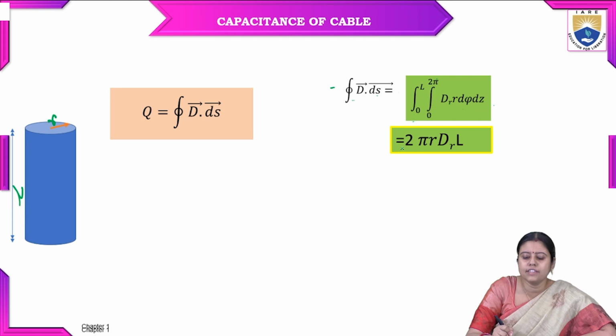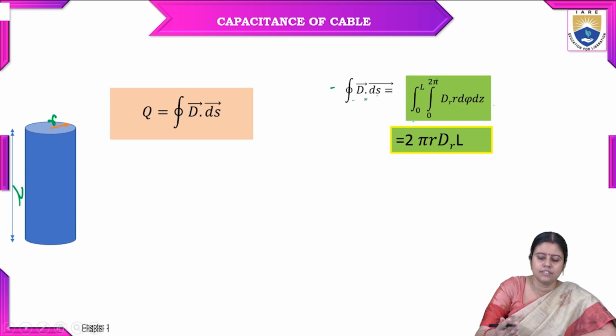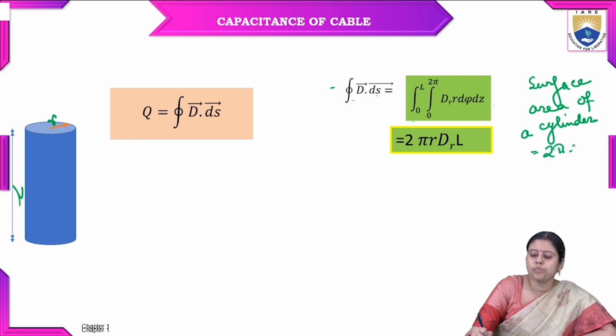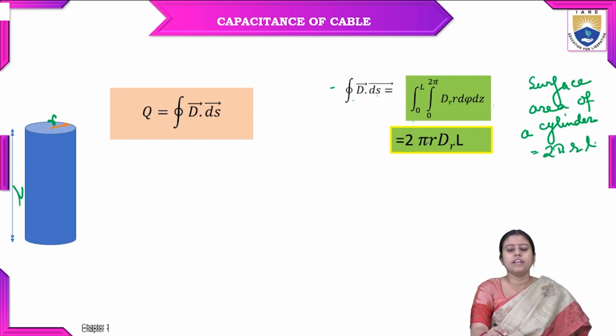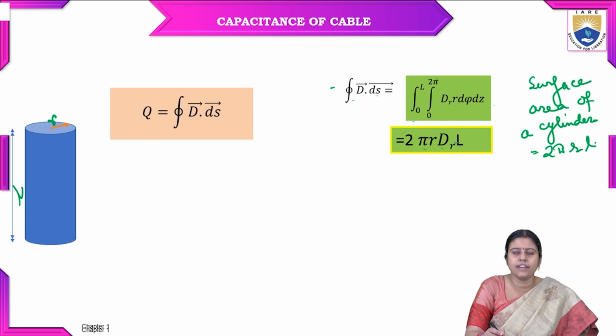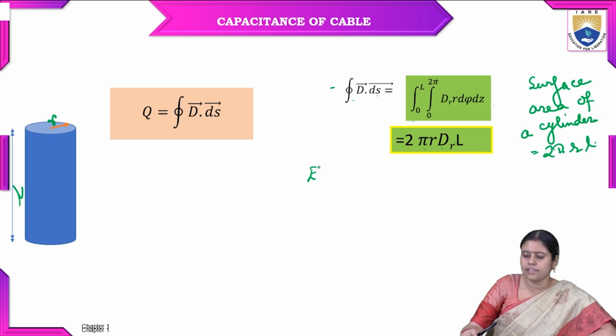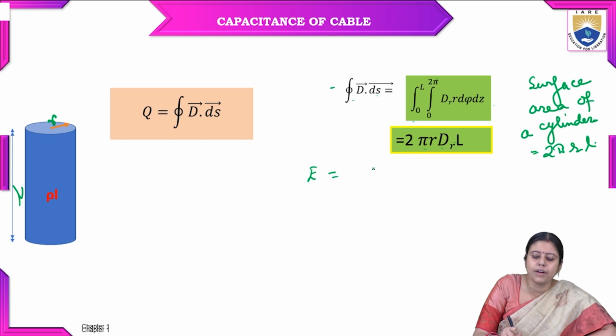If we integrate this, we can get very easily the total surface area of a cylinder, which is nothing but 2 pi r L. So if we put the value, the flux density into 2 pi r L, we will get the value of the capacitance. So what is E? E is nothing but D by epsilon.